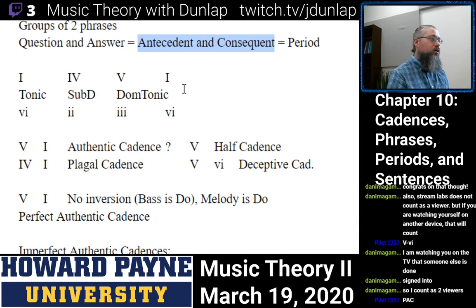So then there's other examples in the book of half cadence being answered by a perfect authentic. But let's look at one where there's two antecedents. There's our question, half cadence. What are we going to do after that?